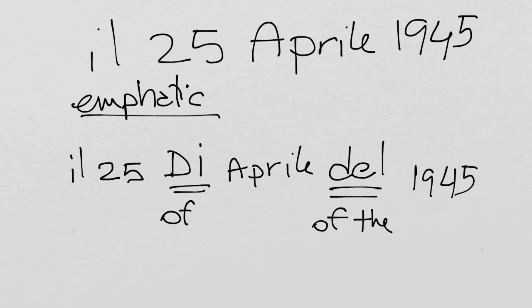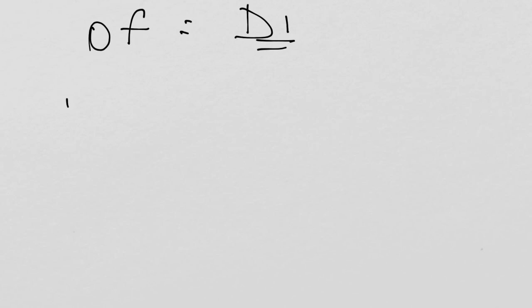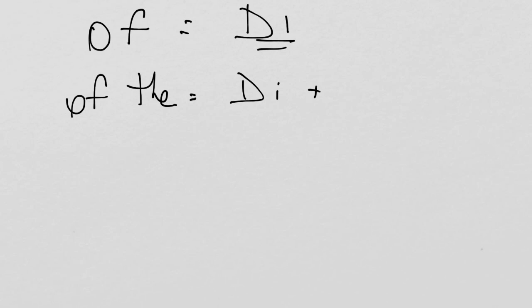So let's talk about the prepositions di, which is the simple form, and del, which is what we call articolata or compound form. So let's look now at di followed by the various forms of the definite article in Italian. Of the in English there is only one way, it's of the.